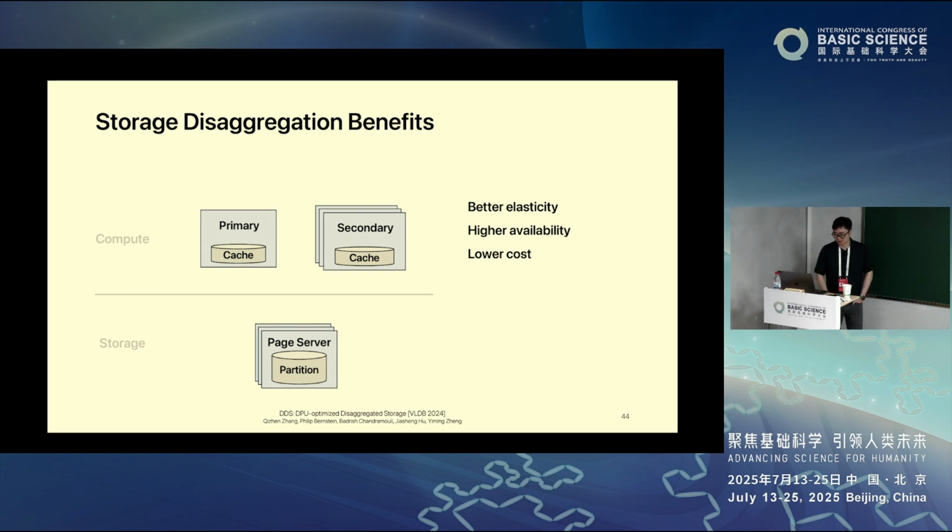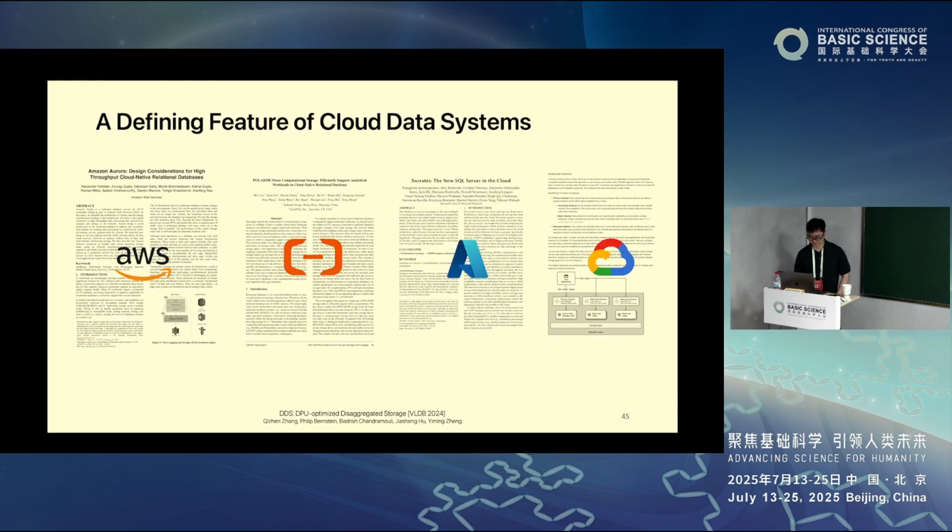It's also more available because the storage layer can be dedicated to the cloud storage service, which can provide some availability guarantees, and thus the eventual benefit is lower cost, because you just use whatever you need. You don't need to over-provision resources for your workloads.